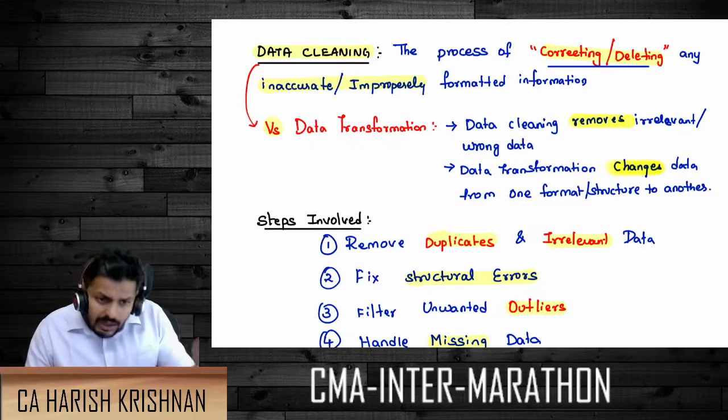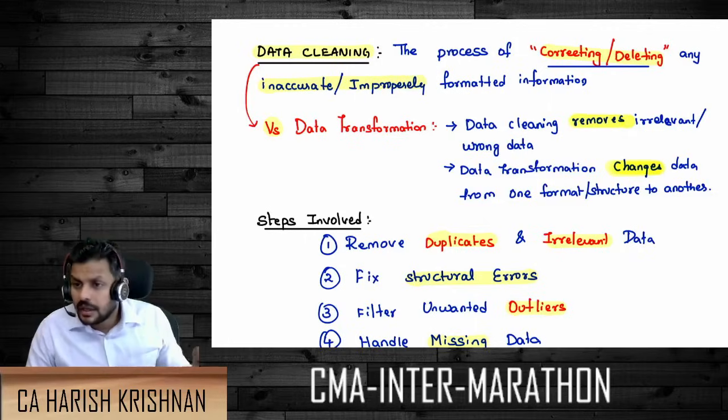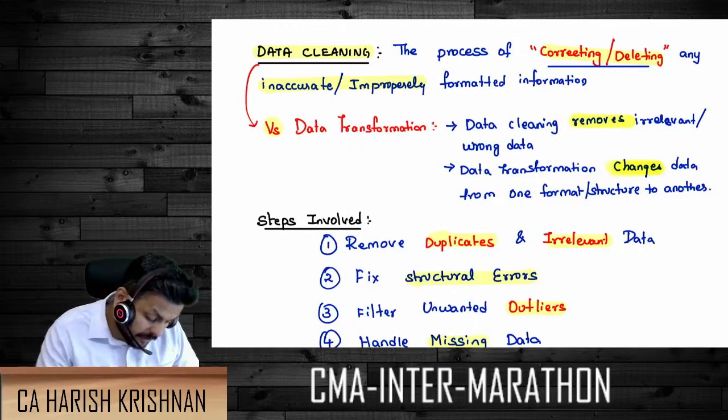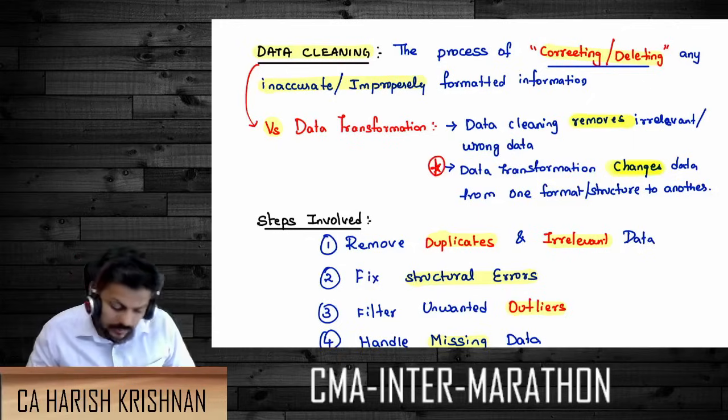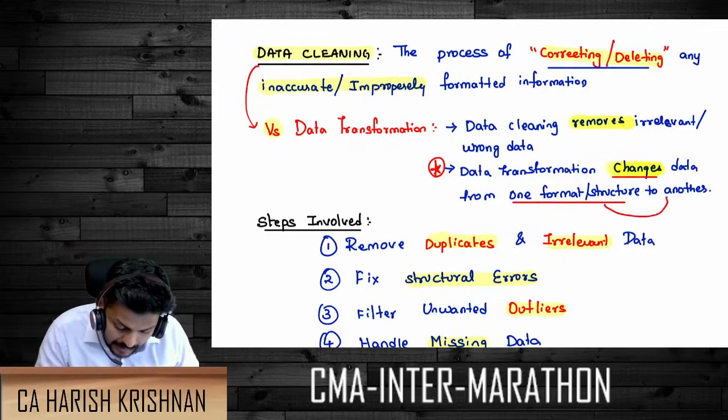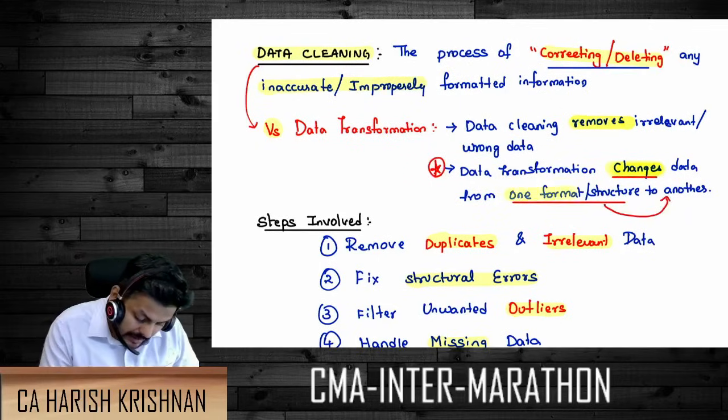Duplicates are removed, unnecessary redundant aspects are removed. But in data transformation, changes are made. Put a star on that point if you want to remember, because that alone can turn out to be a line or an MCQ. Data transformation changes data from one format or structure to another.